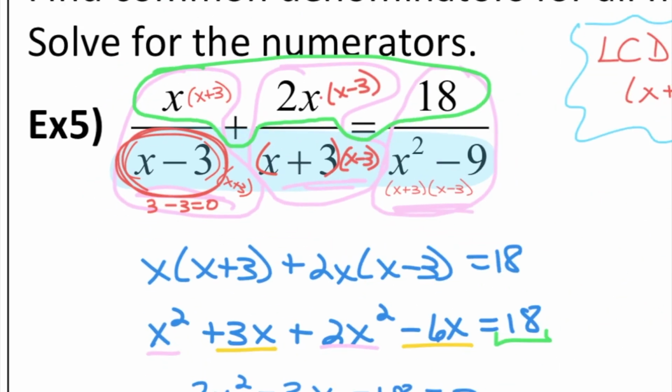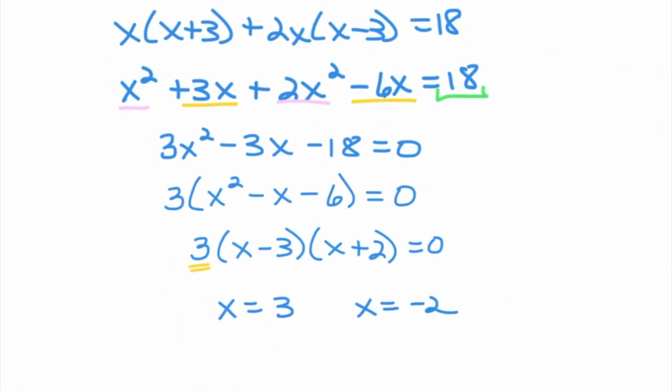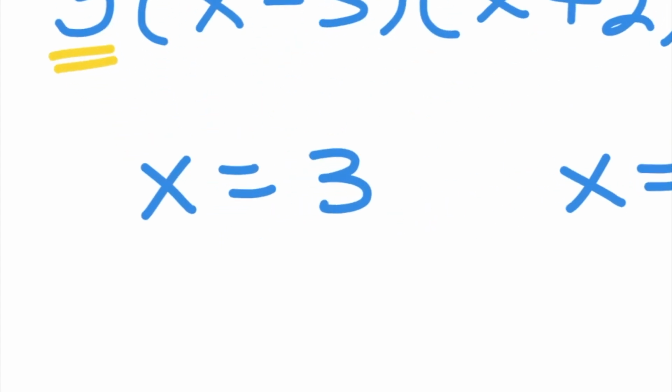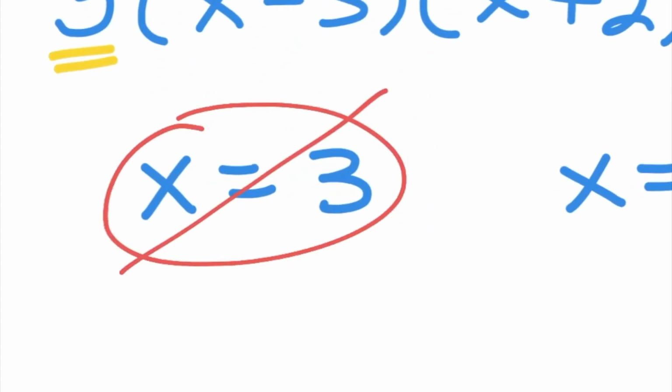So 3 is extraneous. Doesn't matter what happens in any of these other equations or any of these other denominators. It would actually make this one 0 as well. Doesn't matter that it doesn't make this one 0. If it makes any of the denominators 0, any of them, then this here is an extraneous root, and you want to put a line through it and tell me that it's extraneous.